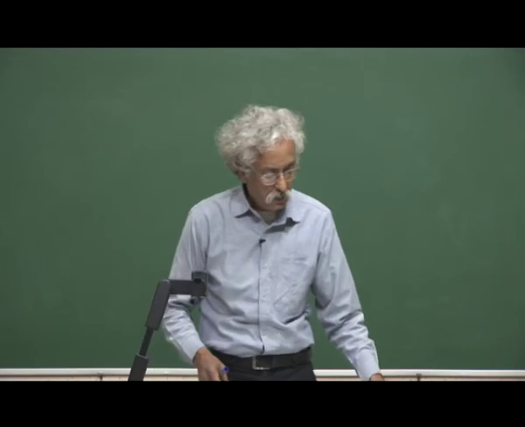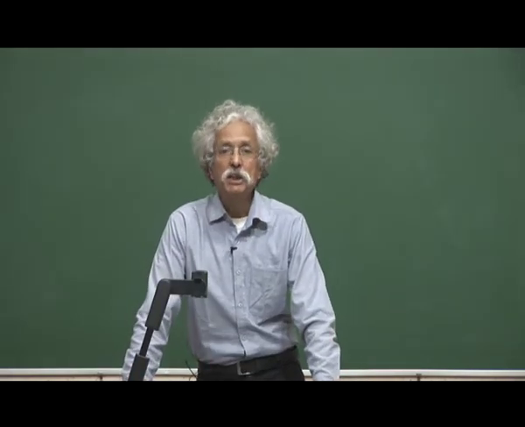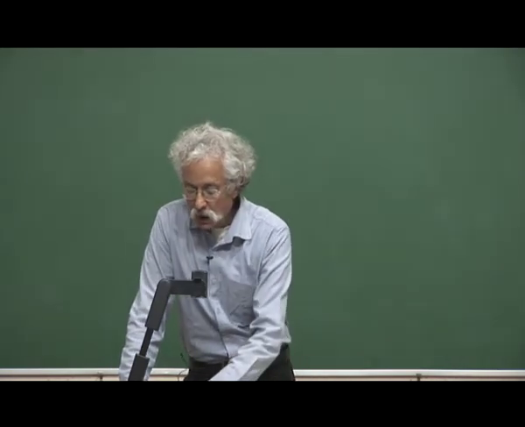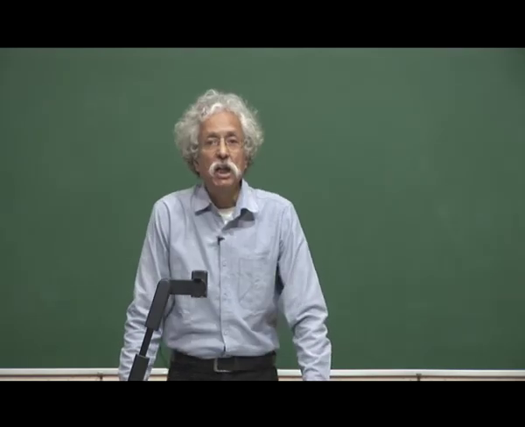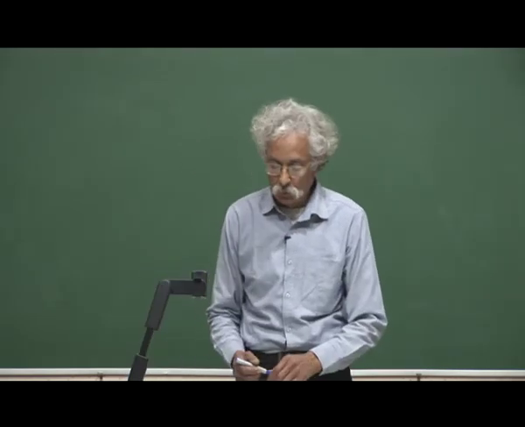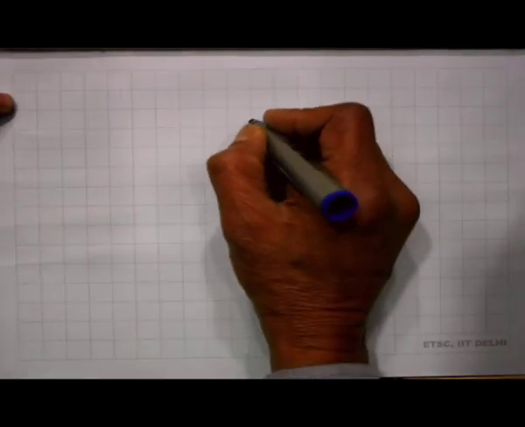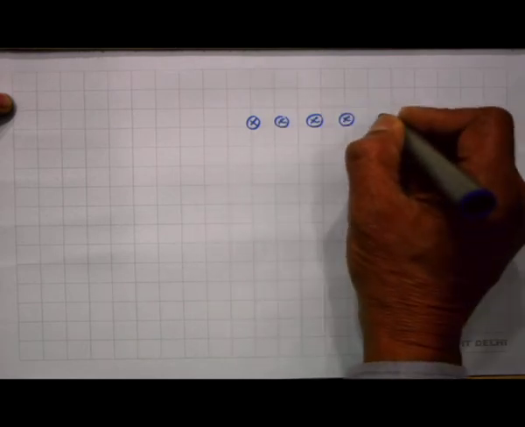Now, these are examples in which the EMF is generated simply by changing the flux of the magnetic field. Another kind of EMF, which is understood in terms of the Lorentz force, is called motional EMF. Let me take an example of a motional EMF. Let me take a uniform magnetic field pointing downwards.